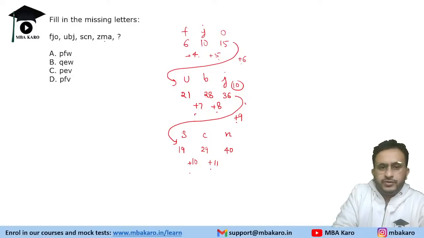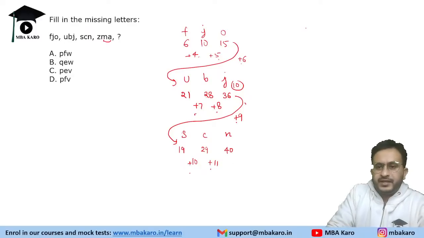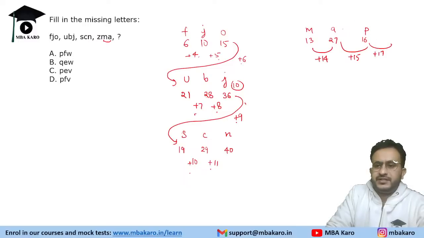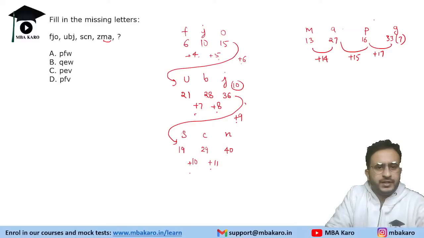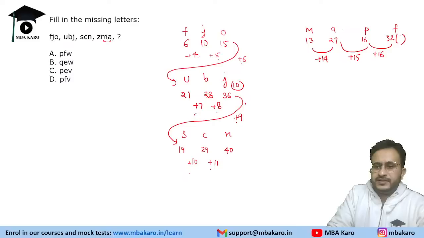Next will be 12. So here let us see: M to A is how much? M is 13, A is basically 27, right? So increase of 14. Then it would be increase of 15. A plus 15 is P, which is 16, right? Then increase of 17, 16 plus 17, 33 or 7. M to A is 14, then P, increase of 16: 16 plus 16 is 32, that is F, right?